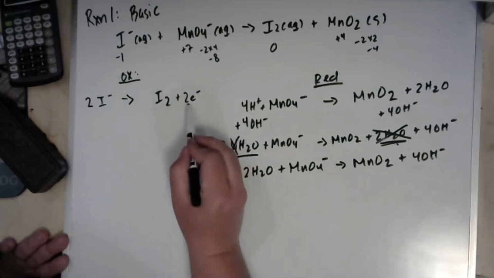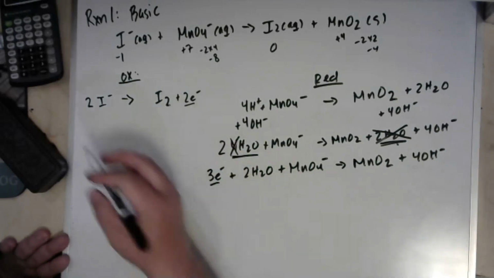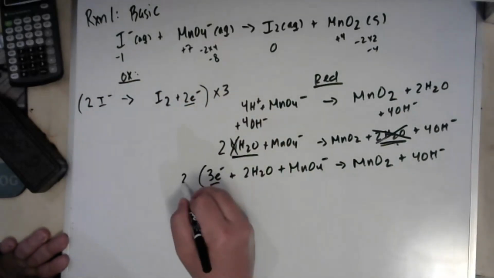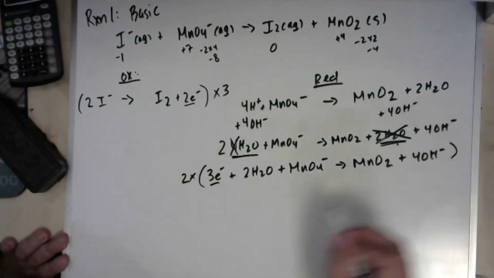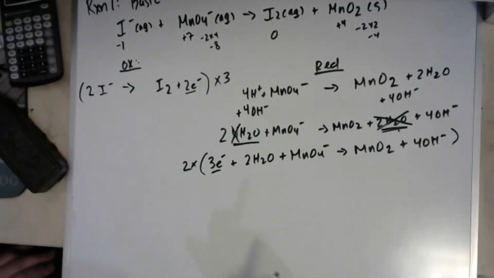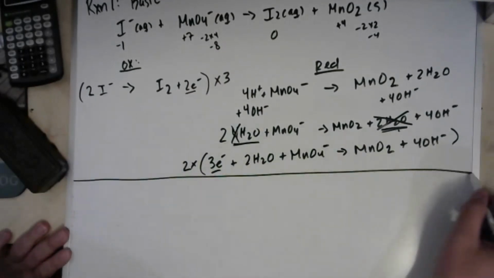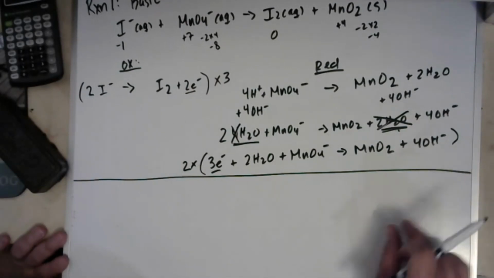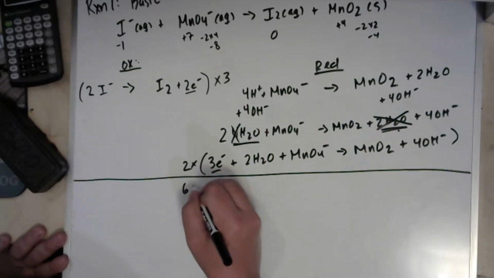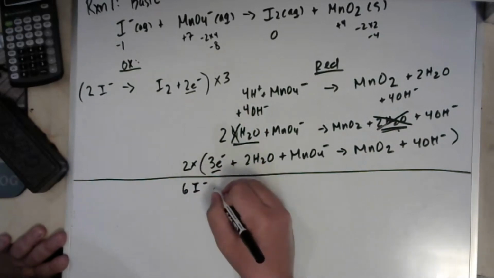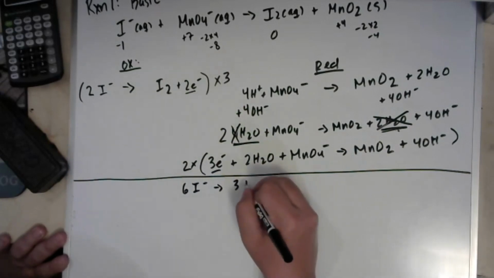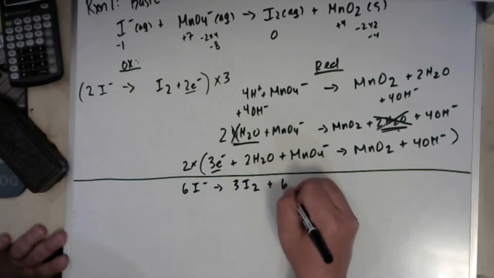But I have to make this number of electrons equal. So I'm going to multiply this half reaction by 3, and this half reaction by 2, because 6 is going to be my common number when one is 2 and one is 3. And I'm going to rewrite those half reactions under here so I can add them together. So I end up with 3 times 2 is 6 iodide ions, 3 iodines and 6 electrons.